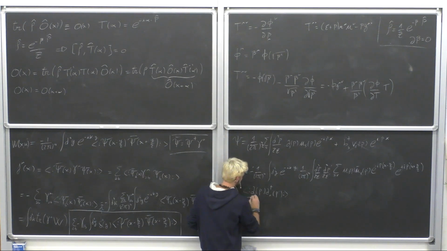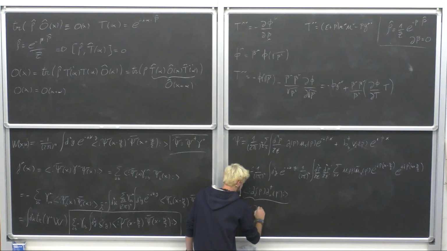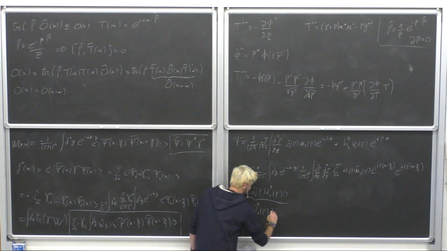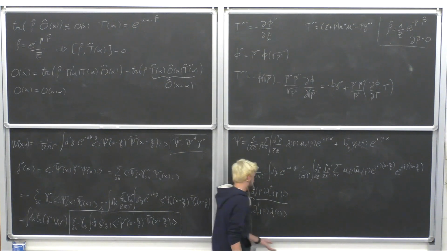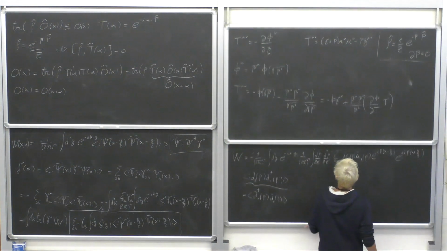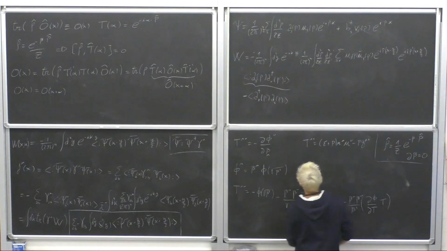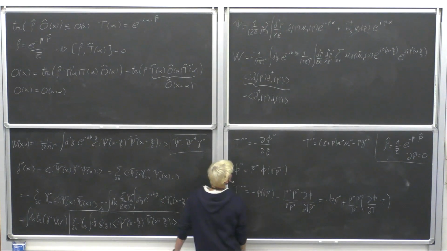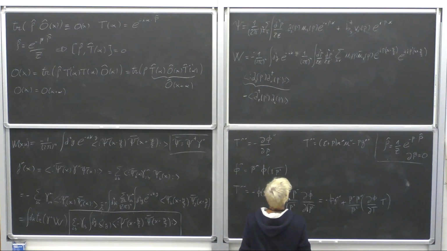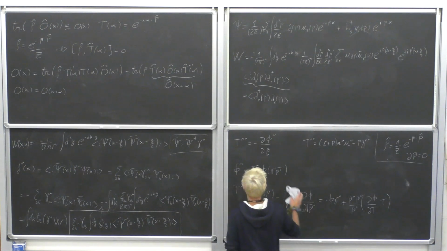So this is equal to minus a dagger_r(p prime) a_s(p). I hope I didn't forget any factors.